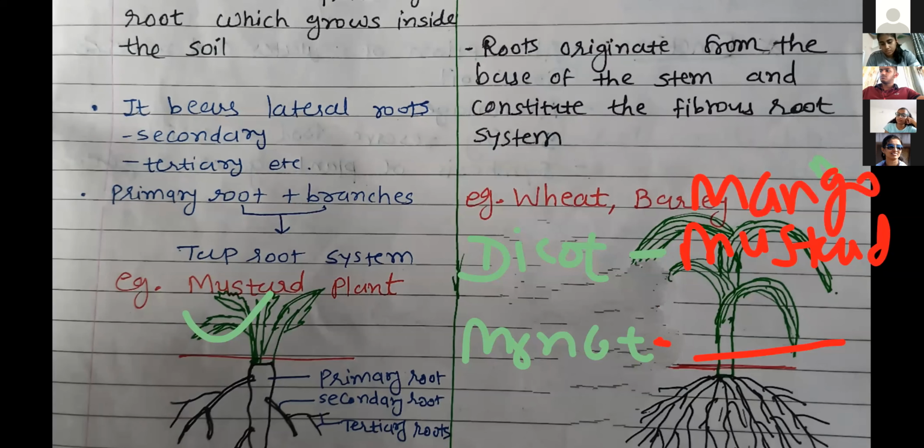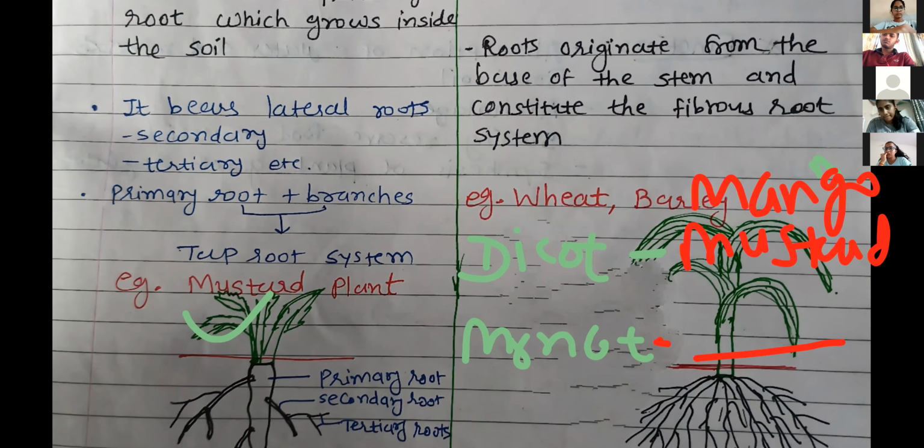Then next, in which leaf, anywhere around you in a garden, did you find reticulate venation? Reticulate venation is the characteristic feature of dicots. Can you give me one or two examples of well-known plants in whose leaves you found reticulate venation?